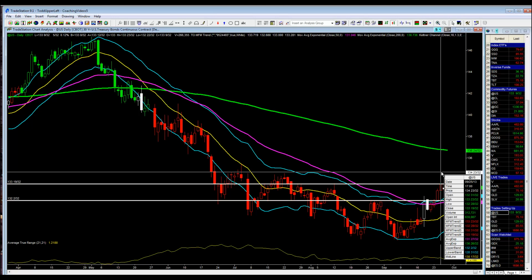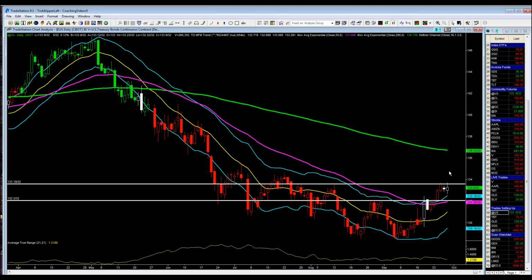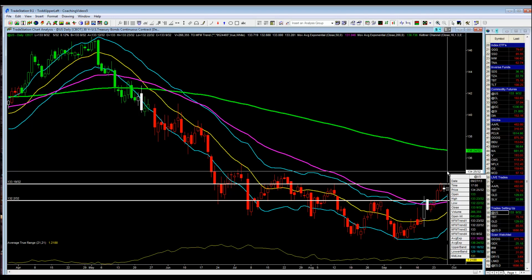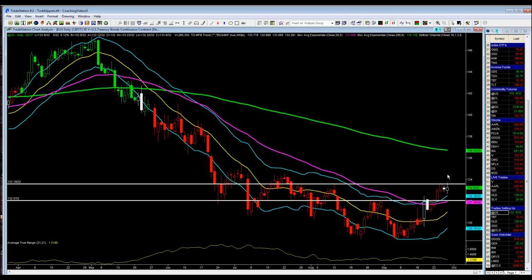These highs, both of these highs, 133 and 23/30 and 133, look at equal highs right here. If we start breaking up and closing above those highs in the next couple days, I think the next level that the 30-year bonds will test is this high here, then this high, and then right in here. So, all right, I want to show you that.